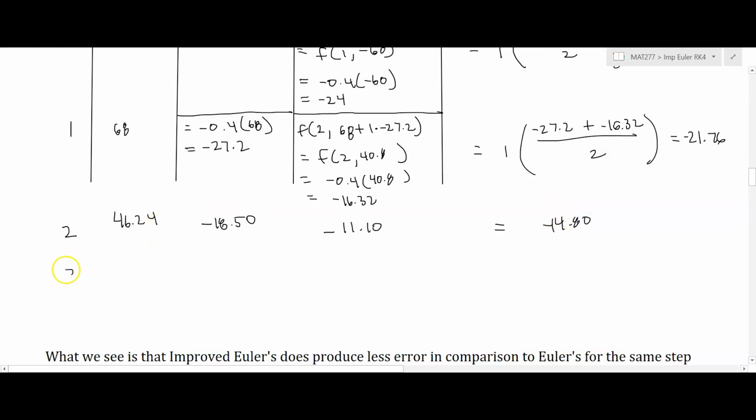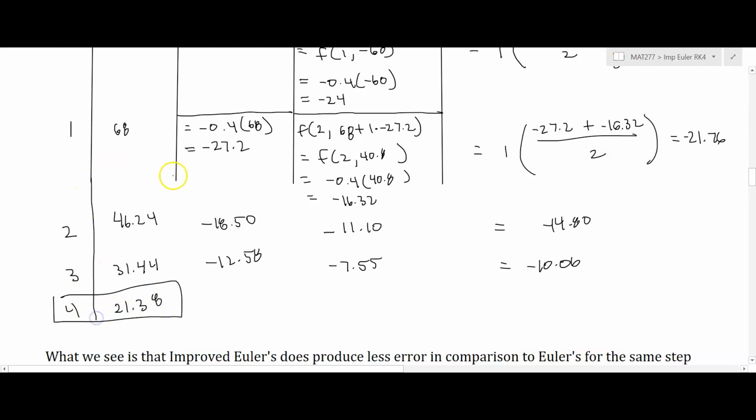Now 46.24 will be decreased by 14.8, which gives us 31.44, negative 12.58 for K1, negative 7.55 for K2. Their average is negative 10.06, so let's decrease 31.44 by that amount, and we're going to get, at time 4, an estimate of y of 21.38. And there is our estimate.